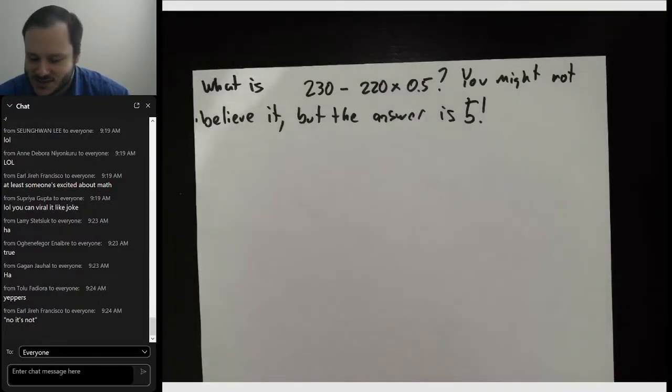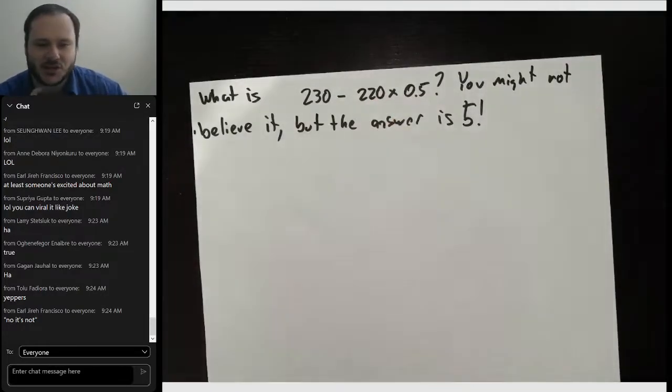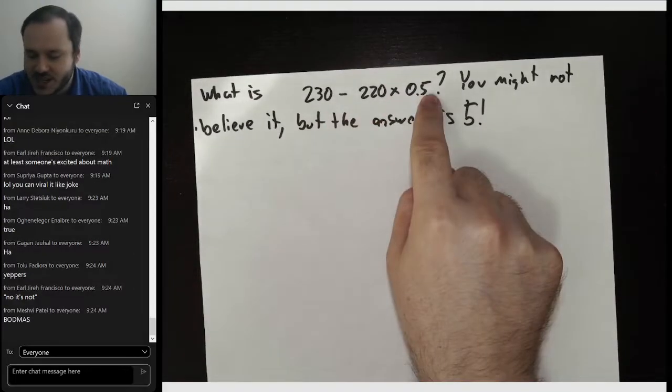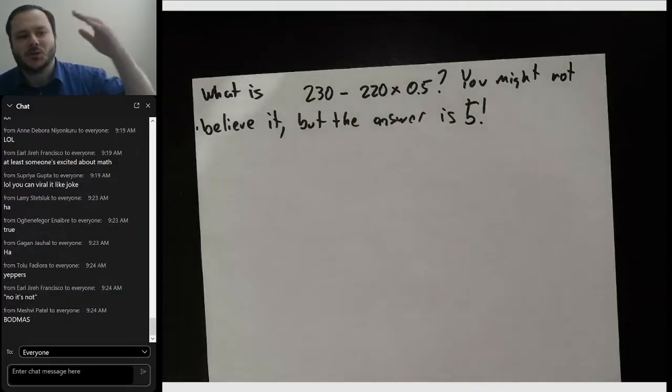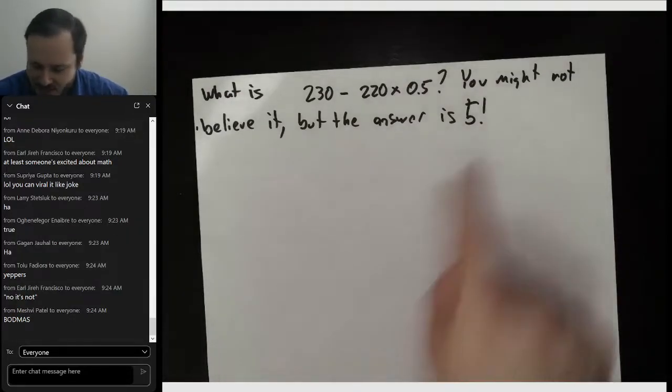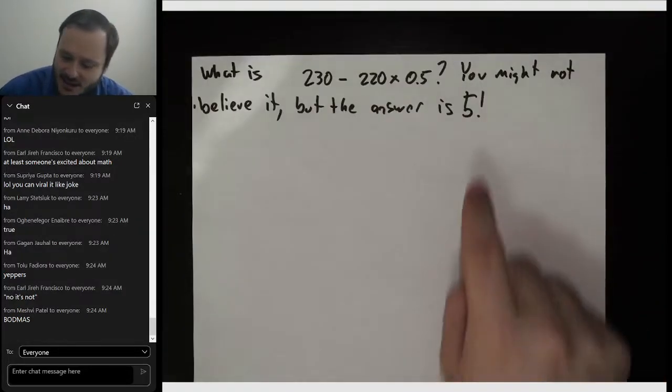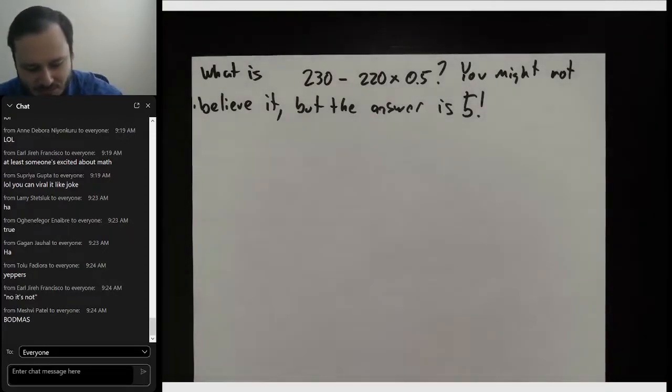Order of operations is do multiplication first. 220 times 0.5 gives me 110. 230 minus 110 actually gives me 120. But that's when we get to level 2. That's what I said. I told you the answer is 120.